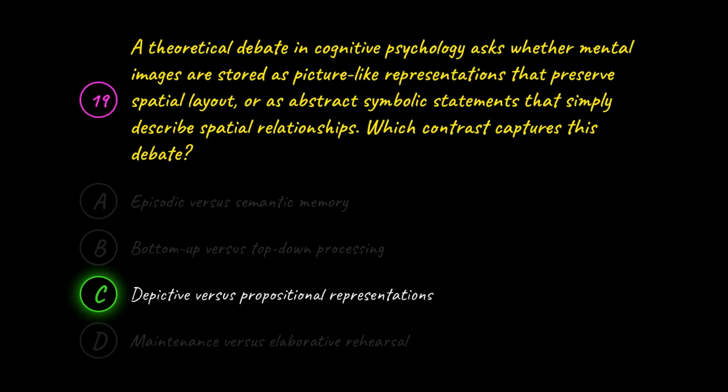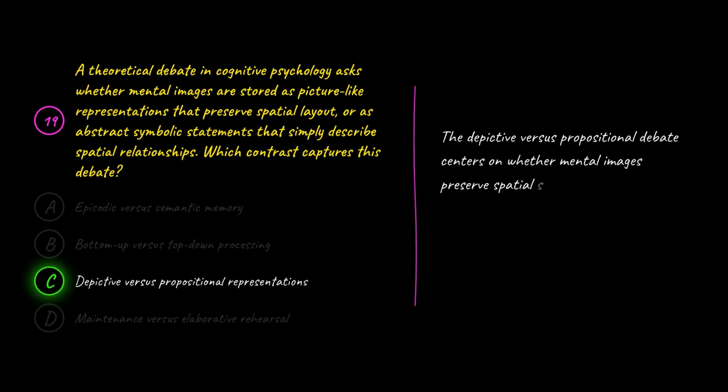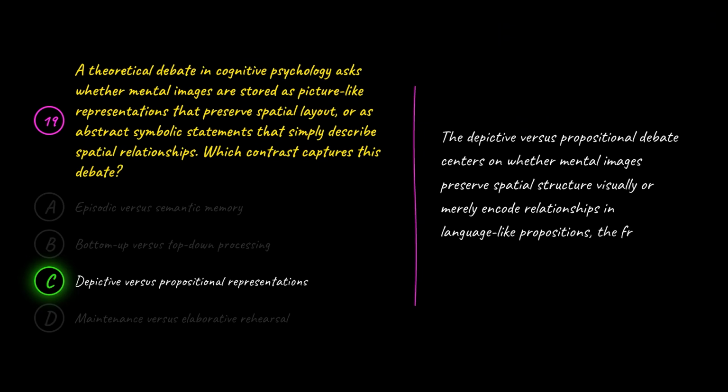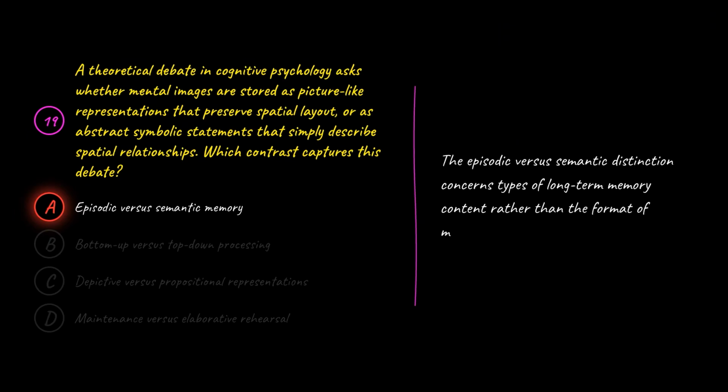The correct answer is C. Depictive versus propositional representations. C is correct because the depictive versus propositional debate centers on whether mental images preserve spatial structure visually or merely encode relationships in language like propositions, the framing the question describes. A is wrong because the episodic versus semantic distinction concerns types of long-term memory content rather than the format of mental images.